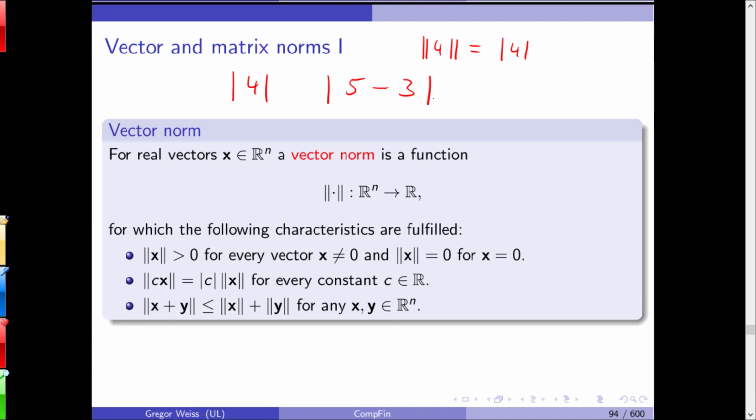So we need a norm for vectors. Generally, we have three requirements. First of all, for any object that is not 0, the norm should be unequal to 0. It should be larger than 0. Second requirement is, if you scale it away from 0 5 times, the distance should also be 5 times the initial distance.